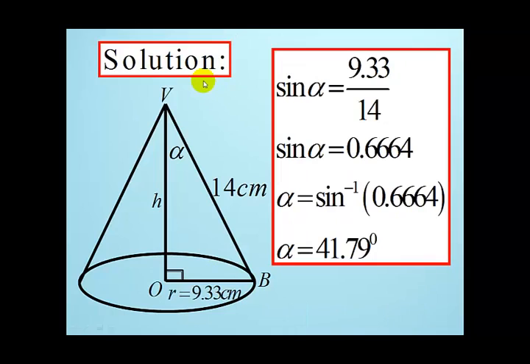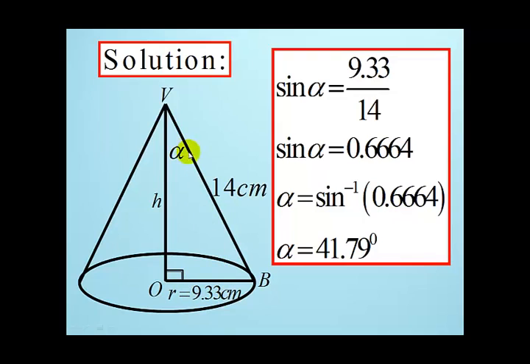Now, let's proceed. How do we find the semi-vertical angle? Take note that the slant height is known, and that is 14 centimeters. The base radius has just been calculated, and we had 9.33 centimeters. So when we consider the right angle triangle VOB, we can see that we have two sides. That is the slant height, the hypotenuse, the longer side, and the base radius.